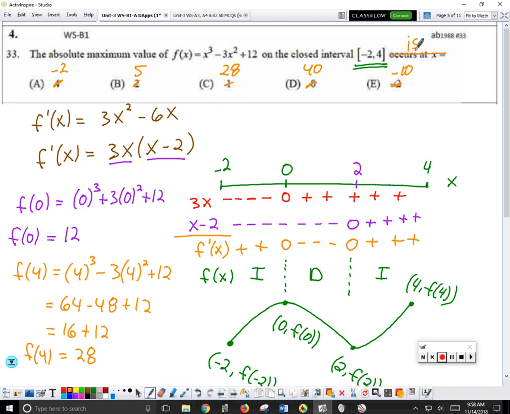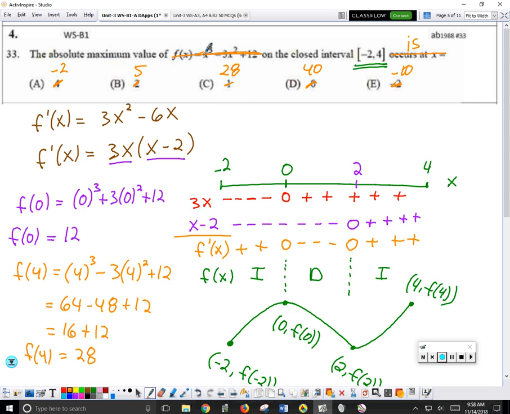Correct. In fact, let's check the whole room. If they gave you a different function, something else, and they said, what is the absolute max? This is not meant to be a trick. I just want to make sure you're understanding.